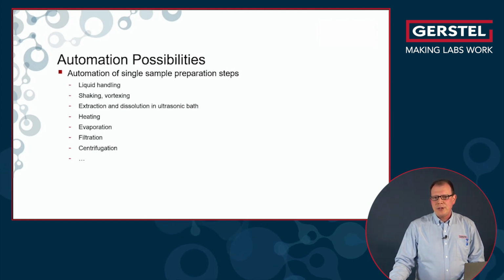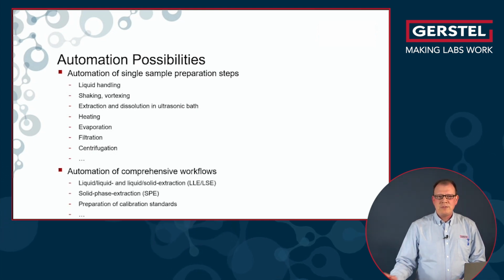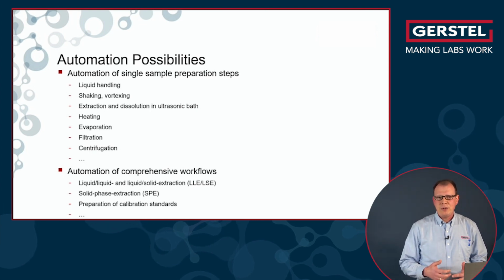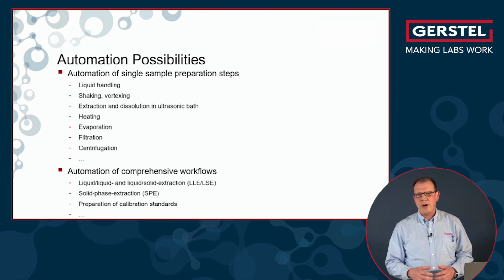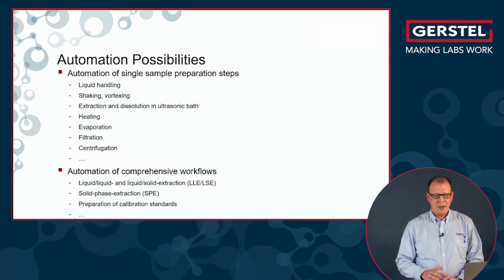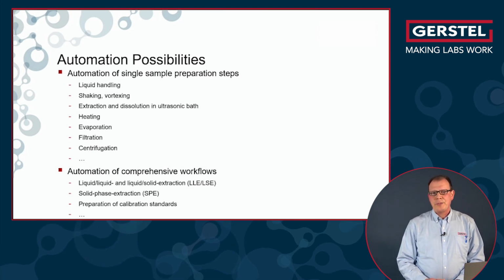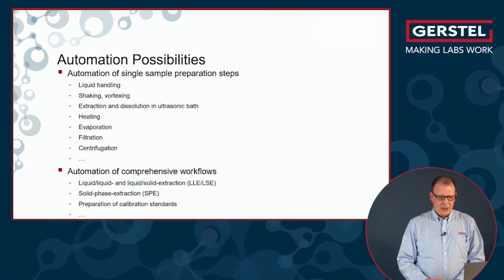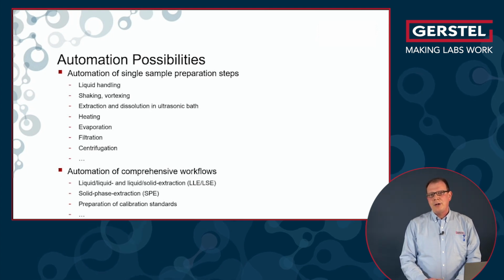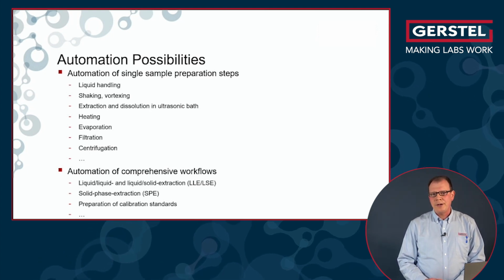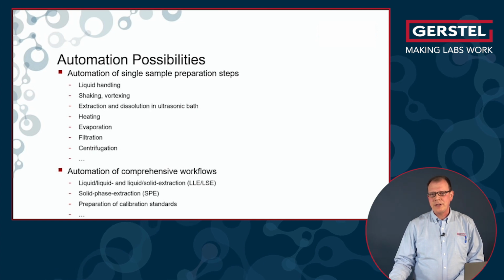And if you combine all these single steps into more complex methods, then you can really end up automating very comprehensive workflows, for example, liquid-liquid extraction or solid phase extraction. And oftentimes it's nice to also prepare analytical standards in an automated way.